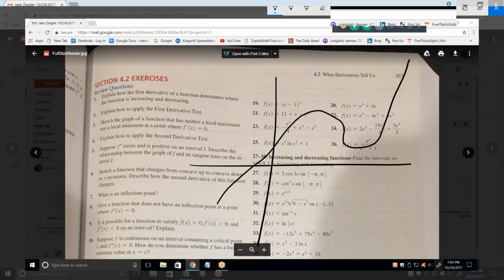Now this one only has 2 points on it. That one and that one, where the tangent line is 0. In other words, where the first derivative is 0. How do I apply the second derivative test? What does it mean to apply the second derivative test? Take the second derivative of the given function.